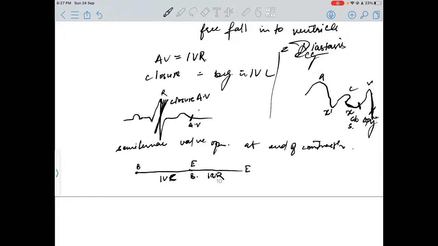Now at the beginning of IVR, there is a closure of the semilunar valve. At the end of IVC, there is opening of the semilunar valve.